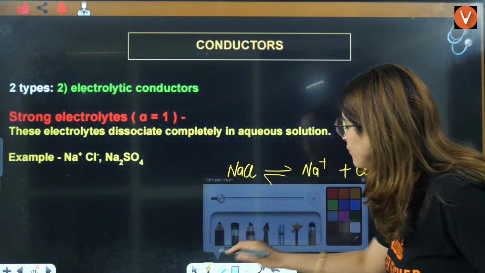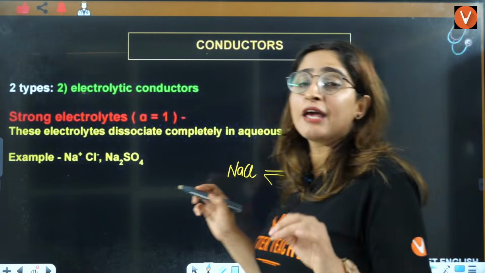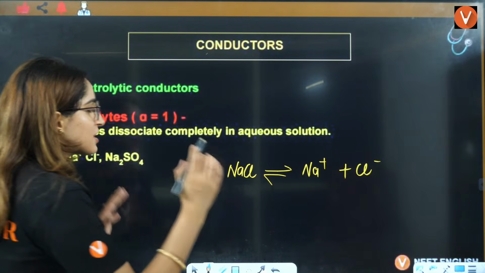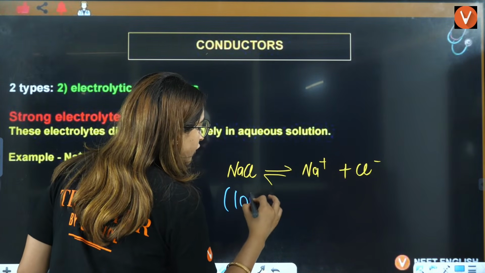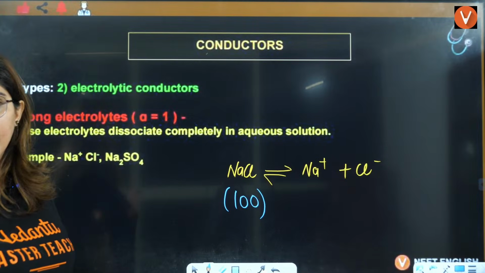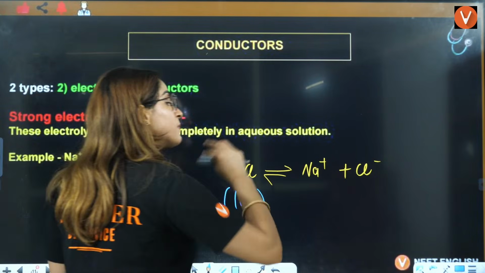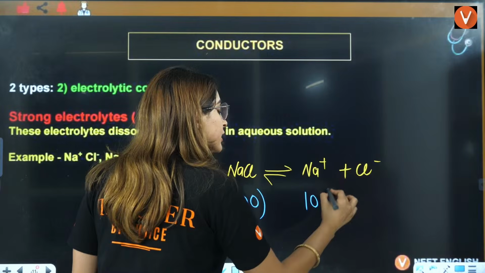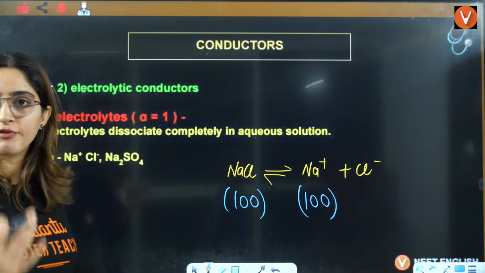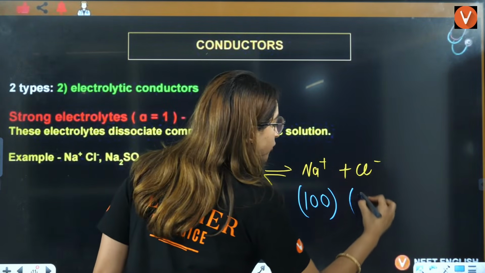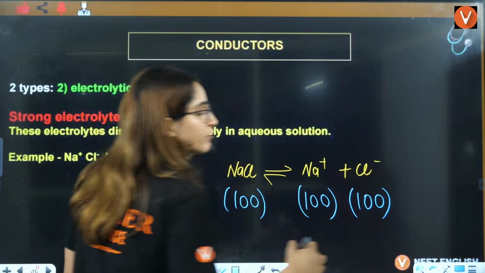In case of strong electrolytes, if you have 100 molecules, I am just taking a random example, if you have 100 molecules of NaCl, you will have 100% dissociation. 100 molecules of Na+ will be formed and 100 molecules of Cl- will be formed.